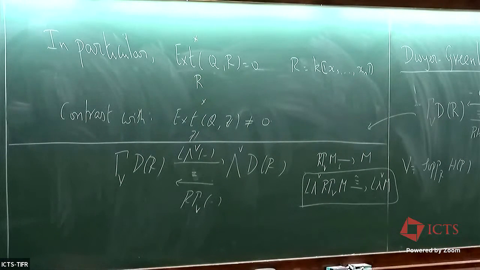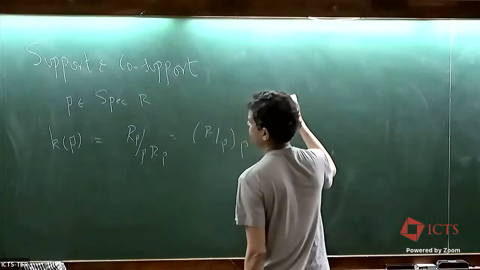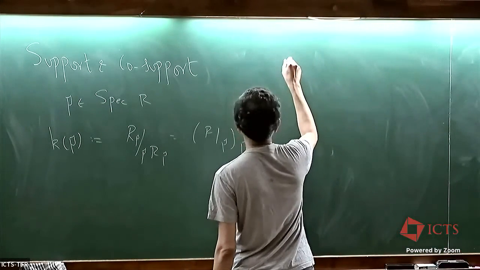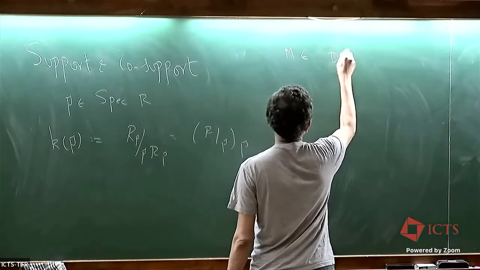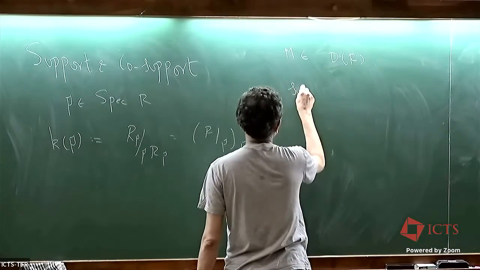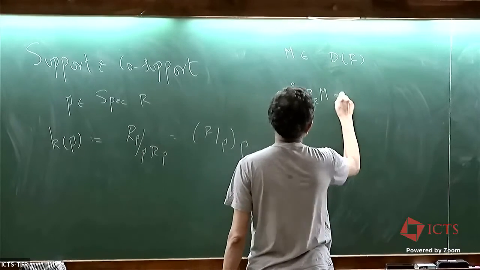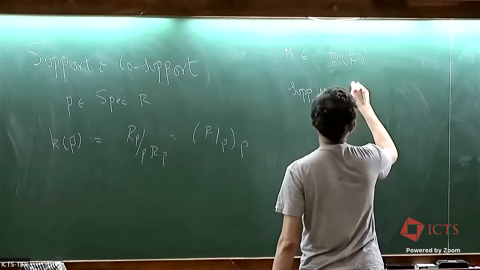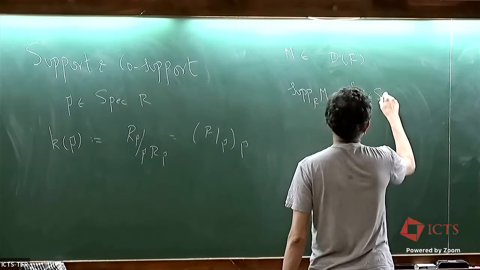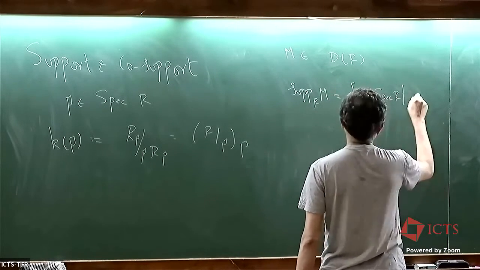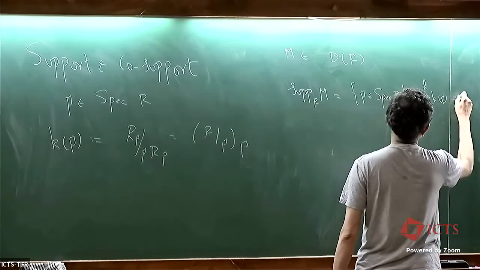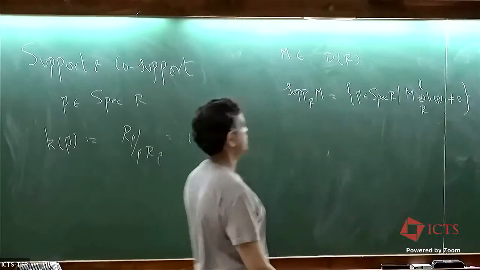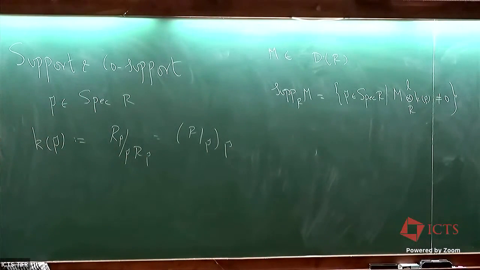Okay, so last time already I talked about the support of an object. So if you take any M of D(R), then the support of an object is looking at the primes where M tensor the residue field at P is non-zero, right?